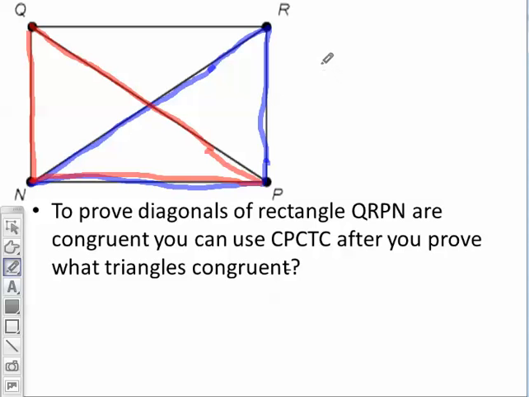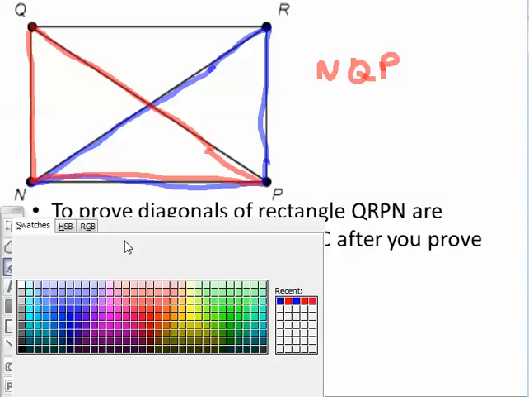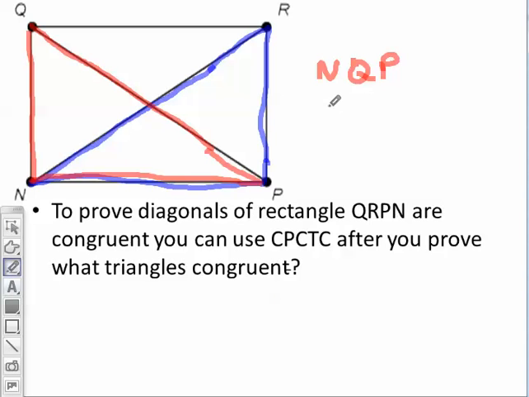So if I'm going from N to Q to P, and in the other one I'm doing from P to, let's see here, went up, R to N. That's the way I've written those two triangles. I've drawn those two triangles.